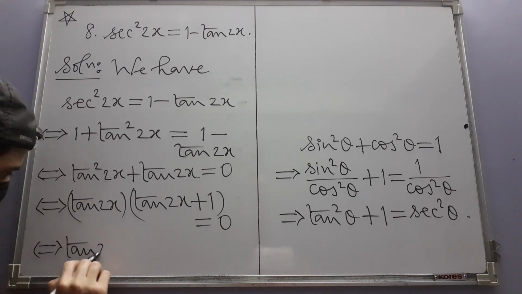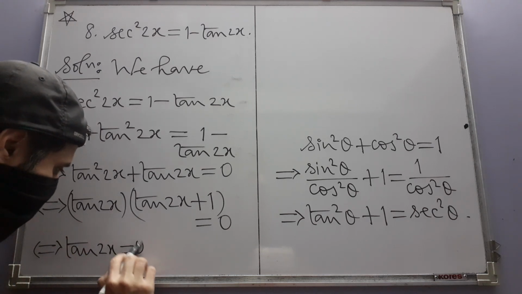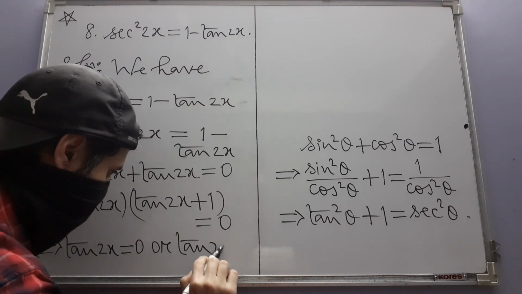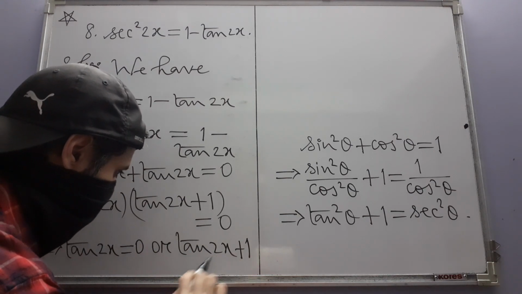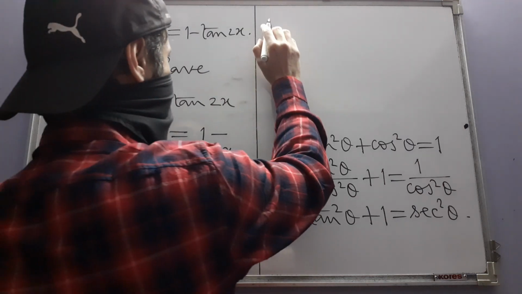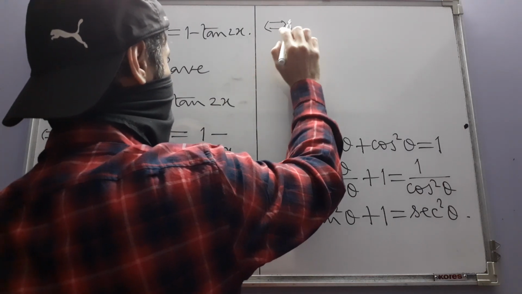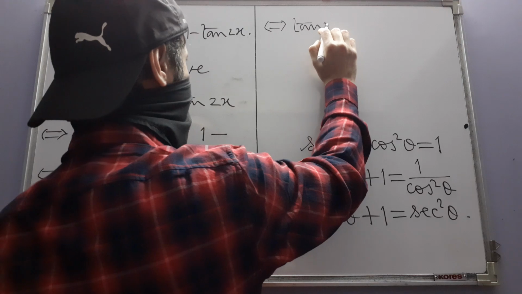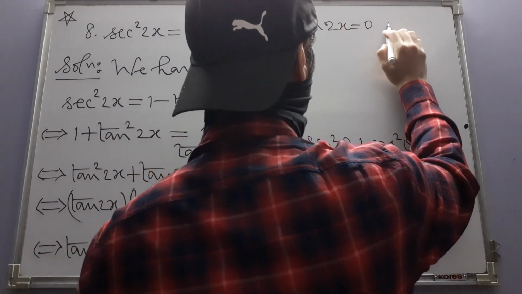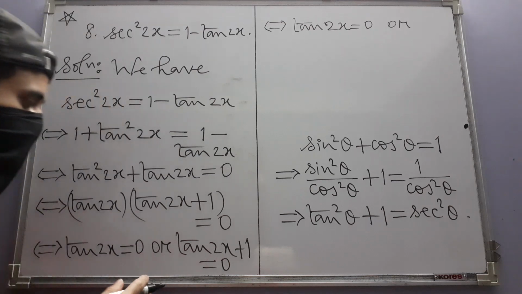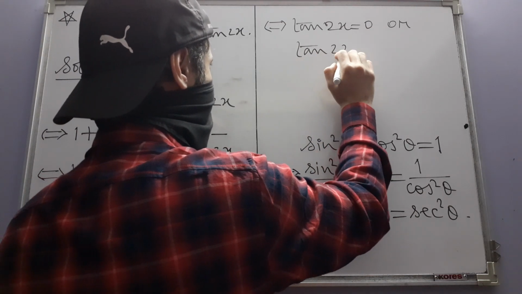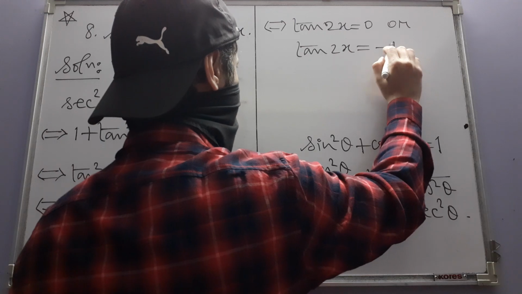So either tan 2x equals 0 or tan 2x plus 1 equals 0. So this means, let us just keep this one as it is, and from here we are going to get a negative value again. Tan 2x equals minus 1.